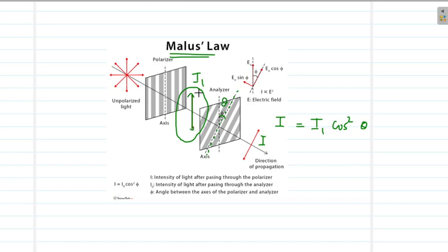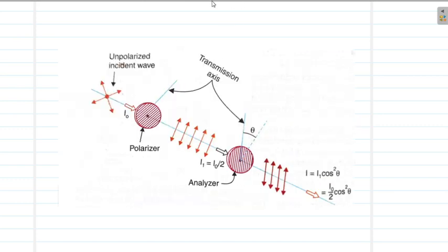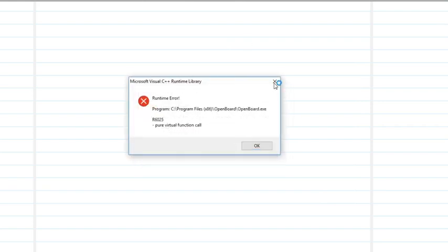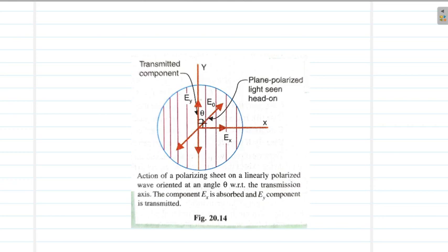Now let us try to understand Malus law and the reason why it follows this relation. In order to understand that, we must consider the electric field and its components. Here in this picture, you can see plane polarized light whose plane of polarization is along this particular direction, and it is incident on this analyzer.